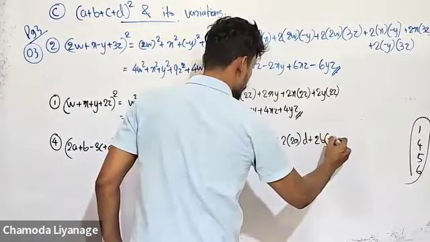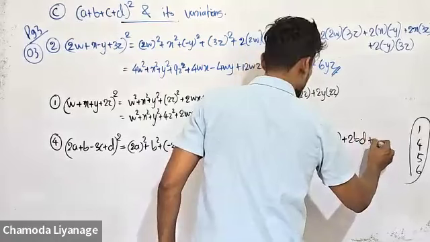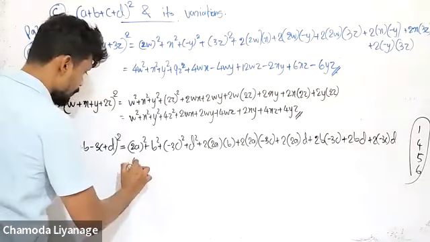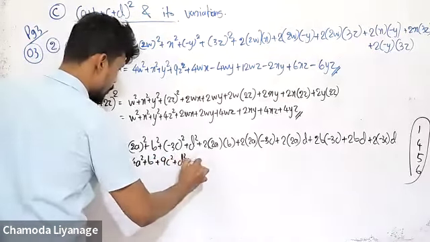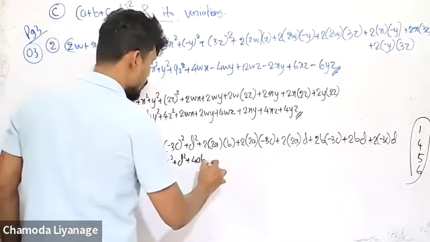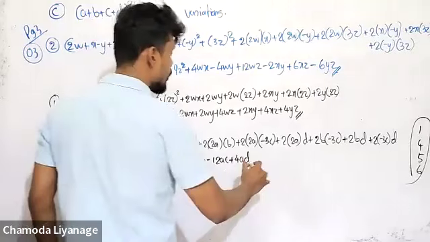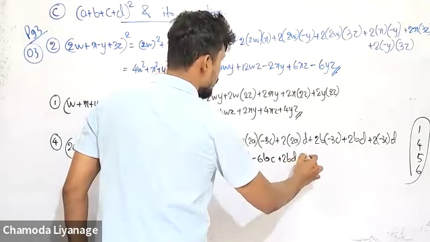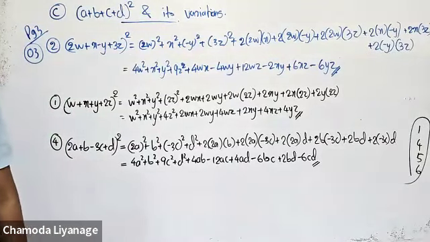After that, 2 times b into minus 3c, b into d, minus 3 into 3c into d. 4a squared, b squared, 9c squared, d squared, 4ab, 12ac, 4ad, 6bc, 2bd, 6cd. Right? Check your answers.